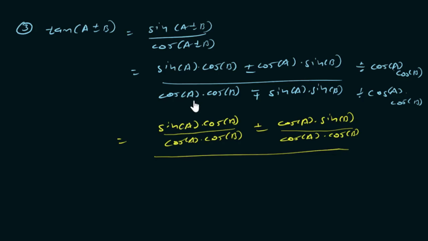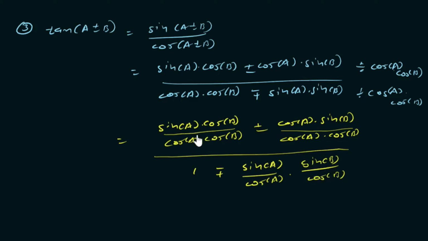If we divide the denominator by cos a cos b, we will get 1 simply, minus or plus sin a upon cos a into sin b upon cos b.